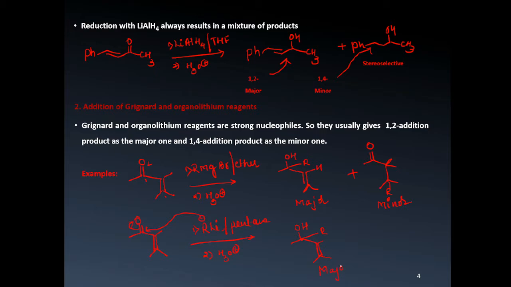So major plus minor. Major product is the 1,2 addition and the minor is the 1,4 addition. The minor is a saturated one. Major is the 1,2 addition reaction.